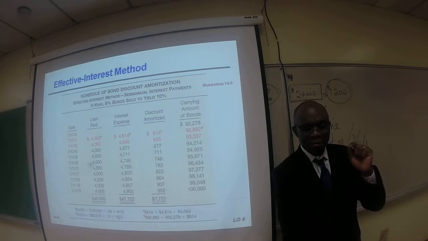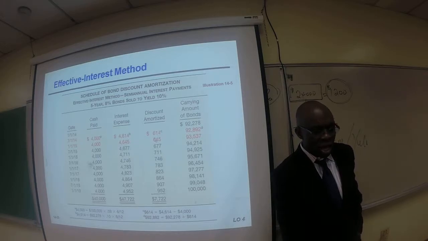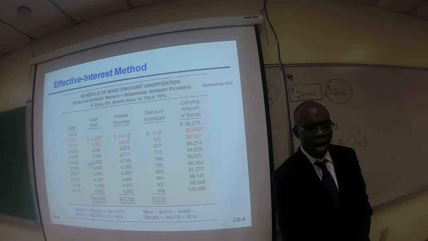But because we are making payments every 6 months, 6/12 or half. So that will give you 4,614.